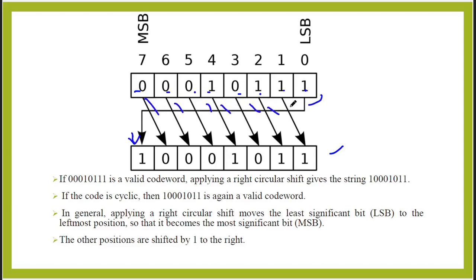If the initial term is a valid code word, applying the right circular shift gives a string that is also a valid code word. In general, applying the right circular shift moves the least significant bit, the LSB, to the leftmost bit position so that it becomes the MSB. The other positions are shifted by 1 to the right.